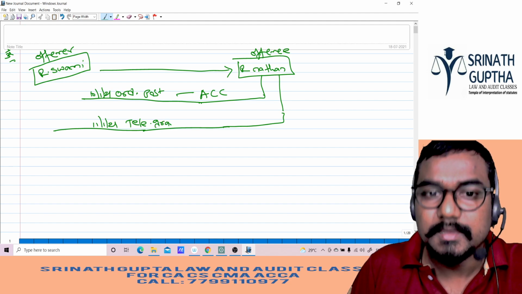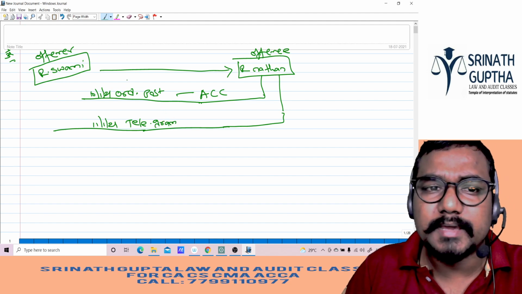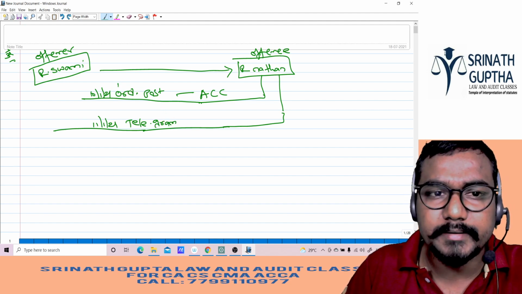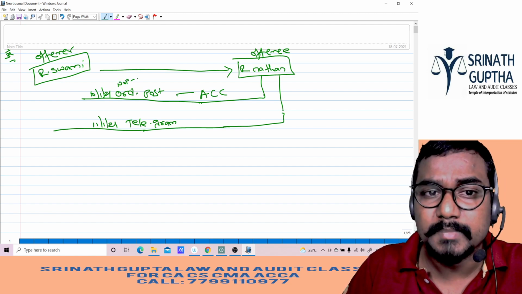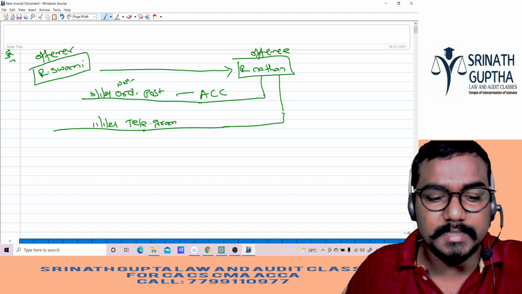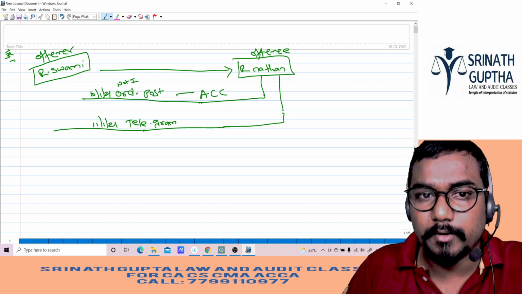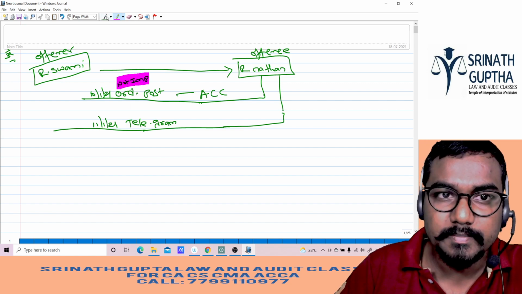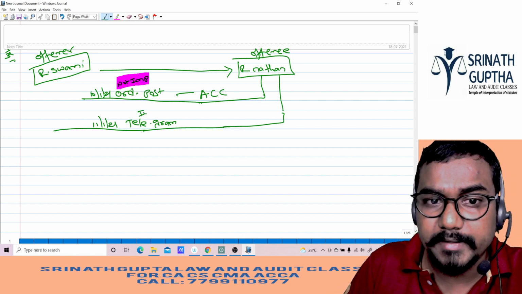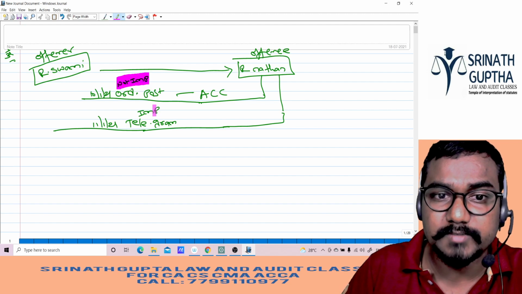Telegram is very costly. Ordinary, non-important things we will send by ordinary post, very less price but it takes more time. Not important things we will generally send through ordinary post, okay beta? Then telegram, very important matters will be sent through telegram because it is very costly.